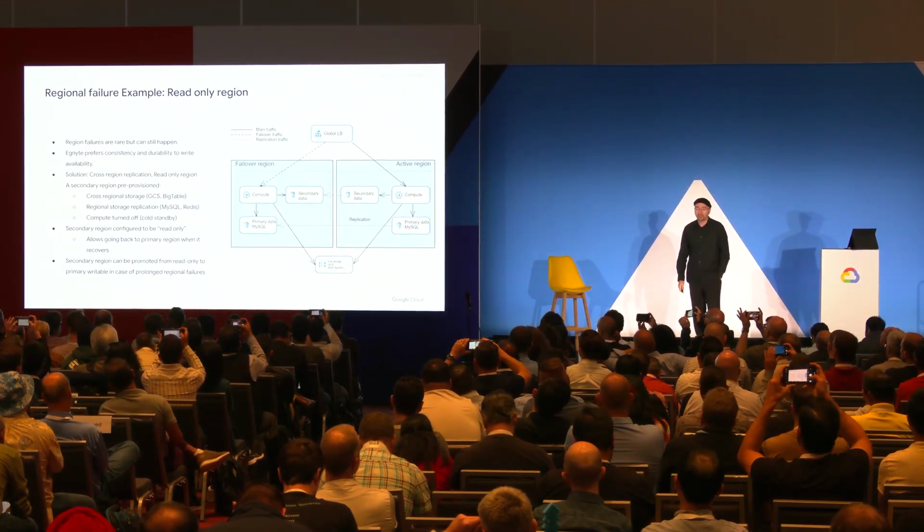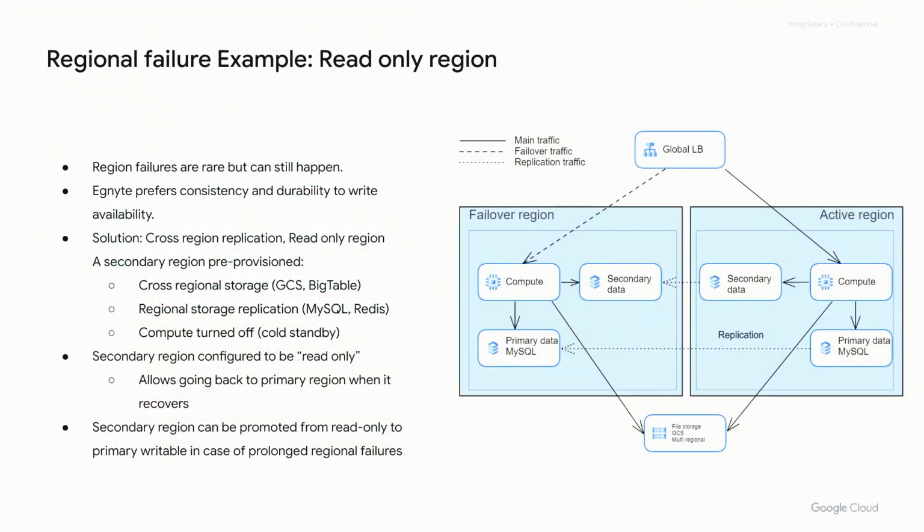So we have this failover region where we constantly provision our compute, we constantly replicate the data there, it's always current, but it's not serving requests. And I'll tell in a moment why, because that sounds like you have it, why don't you go the whole way, right? So I'll explain in a moment why we don't want to do that. But first, if a region goes down, we take a decision and we move to that read-only region right there and then.